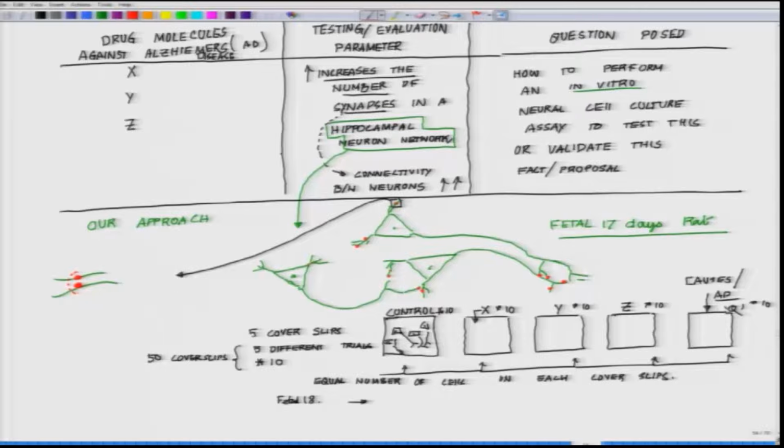There are fluorescent tags, synaptophysin, synapsin, these are the proteins which are present there, there are several others. If these proteins are present there, and you have an antibody against these proteins, so the pink color is showing the antibody, and this antibody is further labeled with a fluorescent probe.